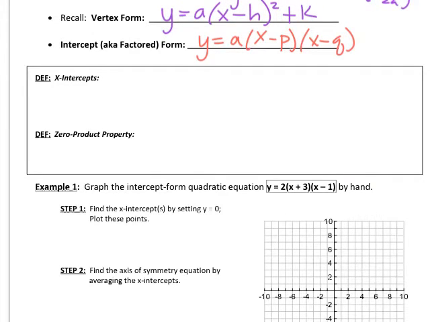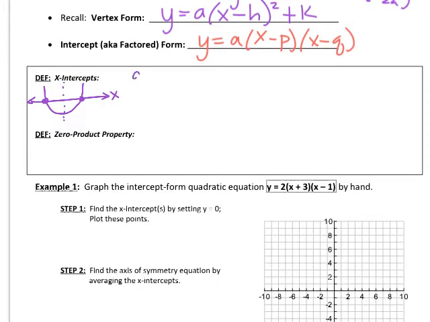And we have a couple of definitions that we want to take a look at. The x-intercepts are the two points that intersect the x-axis. Remember, the parabola is always going to be symmetrical. So if it hits the x-axis, and we have one x-intercept, then we always have another because our parabolas are symmetrical.